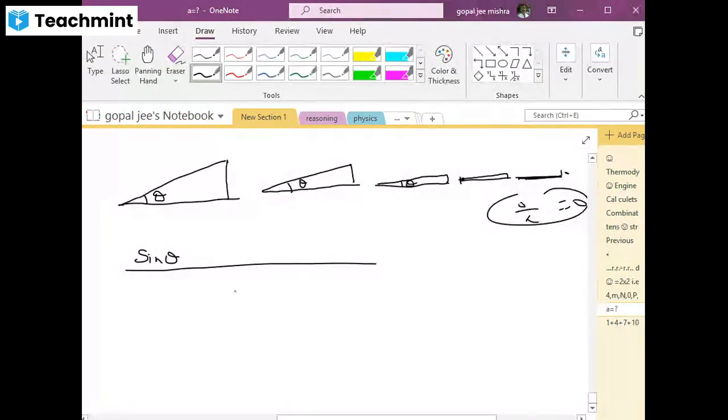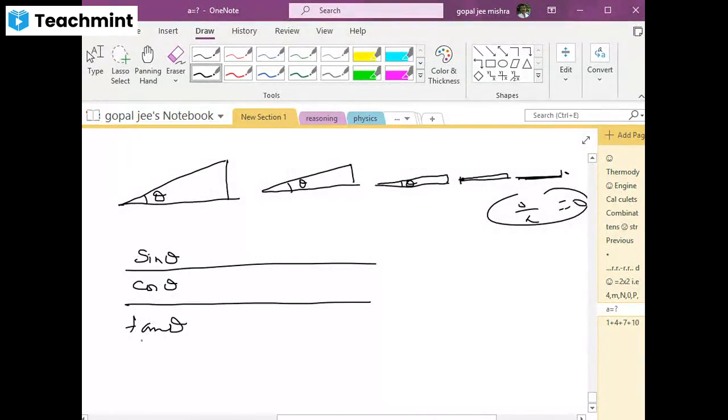Let me write all these values, and after that I will tell you that memory technique, so that within 30 or 40 seconds you will be able to remember all the values related to this. See here: sine theta, cos theta, and tan theta.